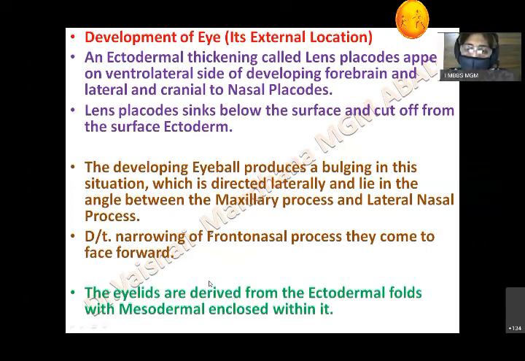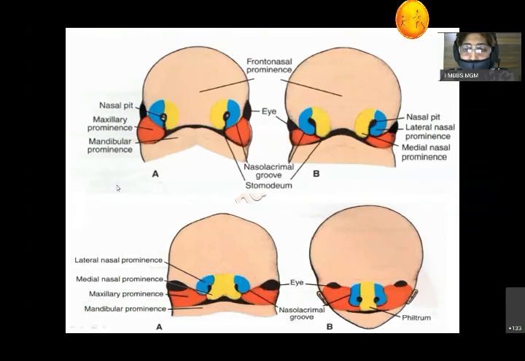We have seen the upper jaw, upper lip, lower jaw, lower lip, cheeks, oral cavity, external nares, how they come close to each other, forehead development, external ear formation and its shifting to the adult side, and eye development, external appearance only, and its shifting to normal position. So this is just a quick summary of this.